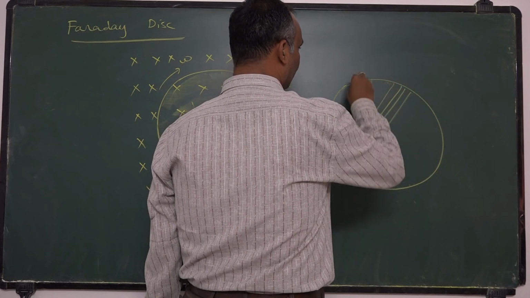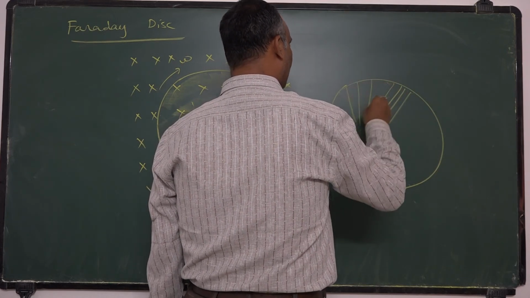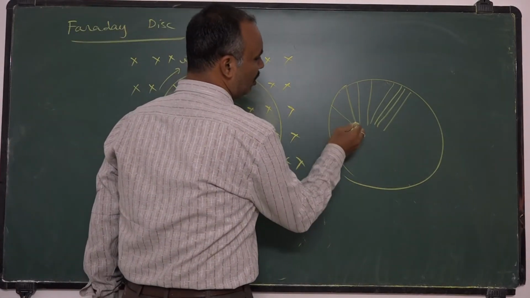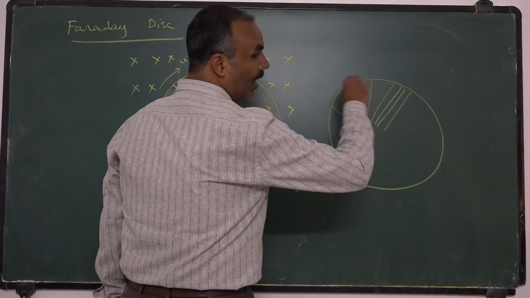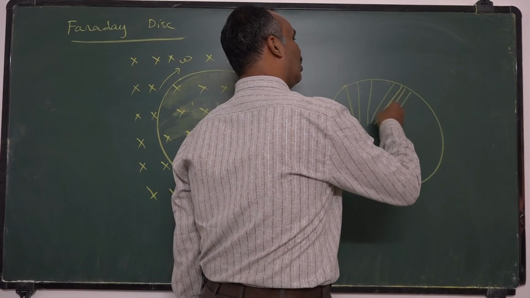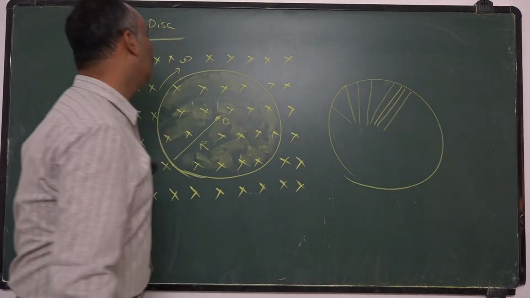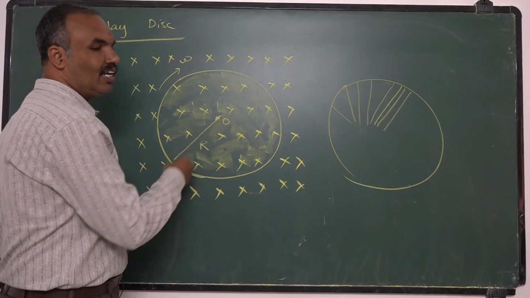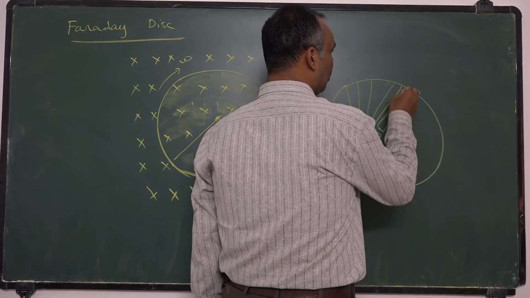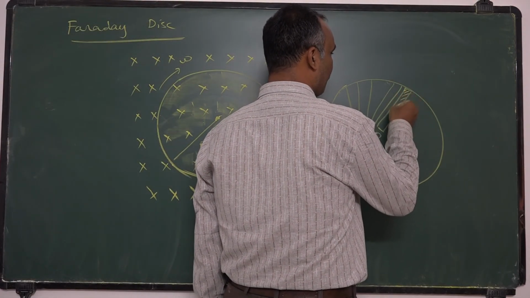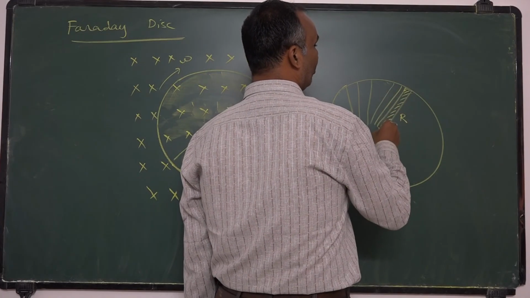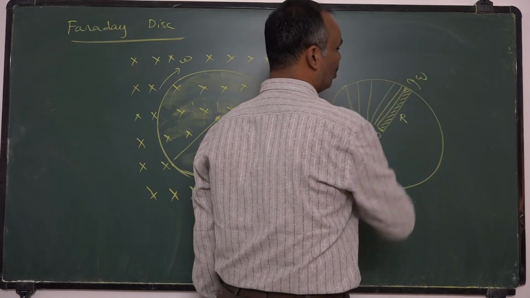Each rod has length equal to the radius r of the disc, and the rods are parallel to each other. Suppose this is the center of the disc, and this is a particular rod, that means a particular portion of the disc. This rod has length r and is rotating with angular velocity omega.